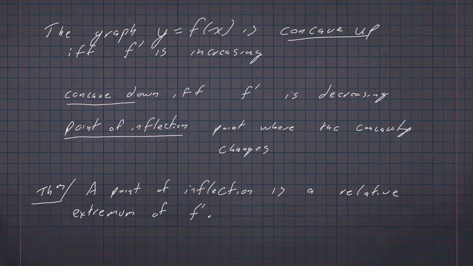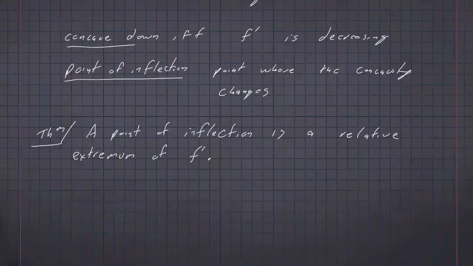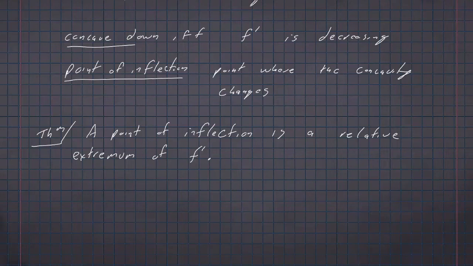Acceleration, the second derivative of a function, is what we are really studying here. So, to find and classify the points of inflection and the concavity, we're going to be looking at the derivative and finding extrema on the derivative, which means we'll be analyzing the second derivative.